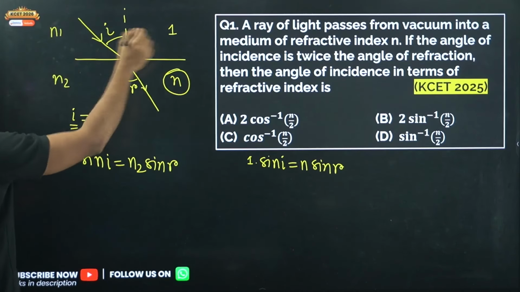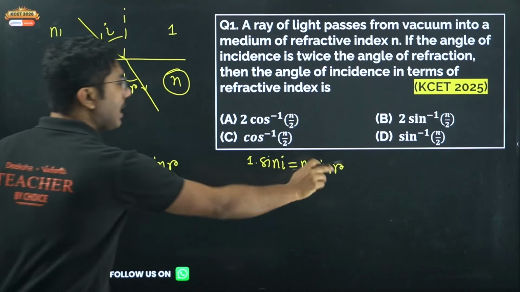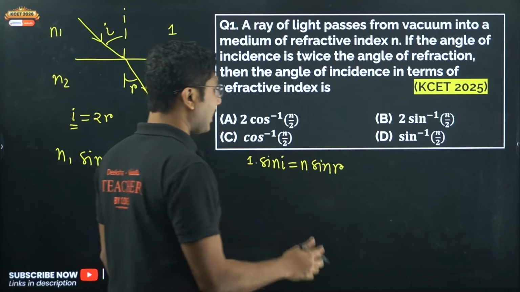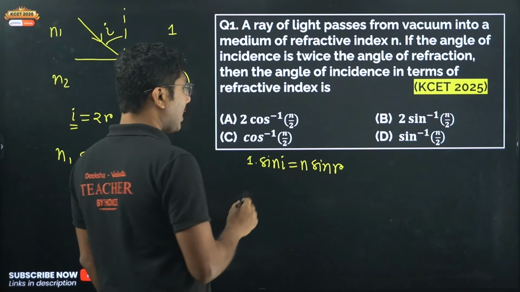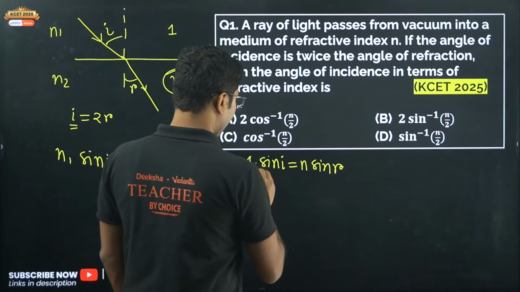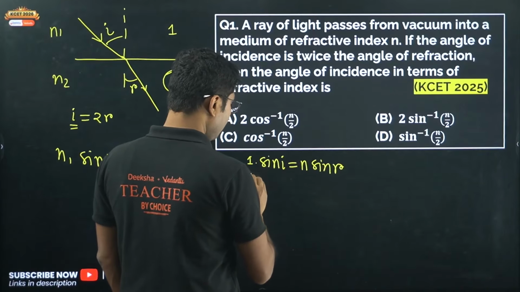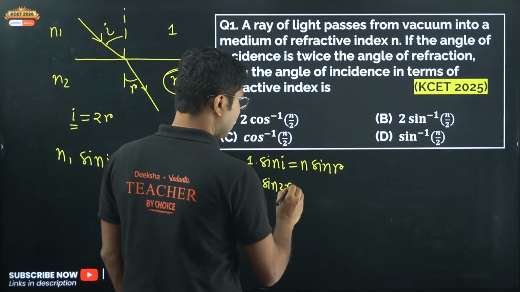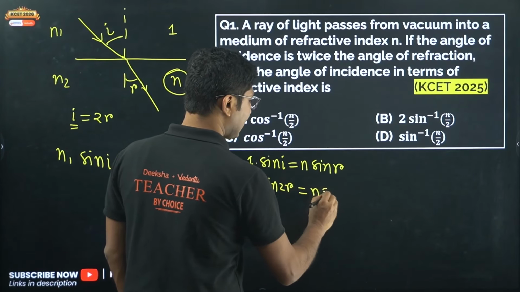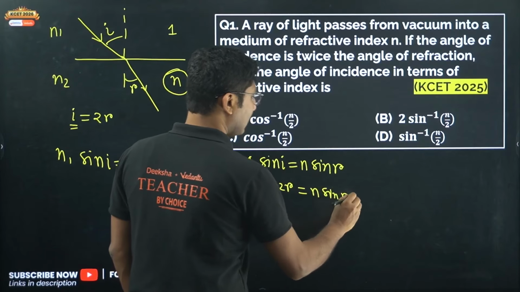Now here n1 equals 1, n2 equals n, and we got this relation. Again, it is mentioned that i equals 2r. So 1 into sin 2r equals n sin r.